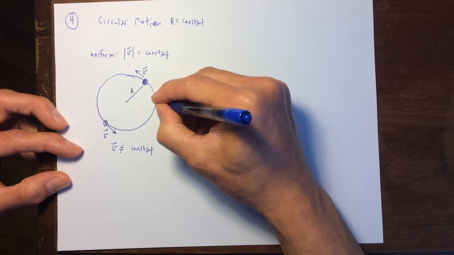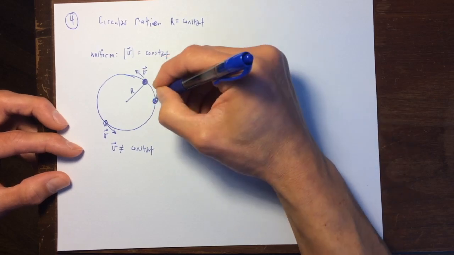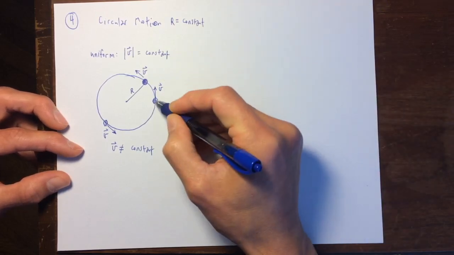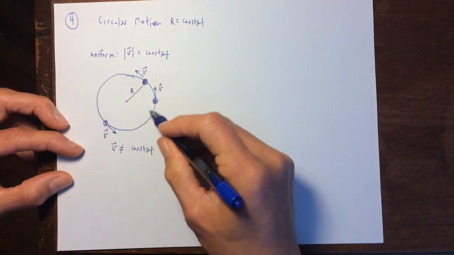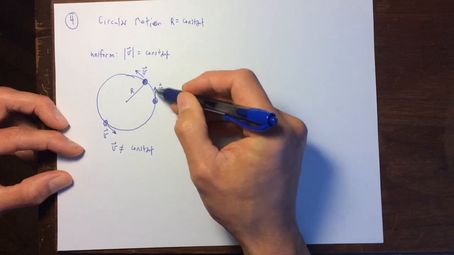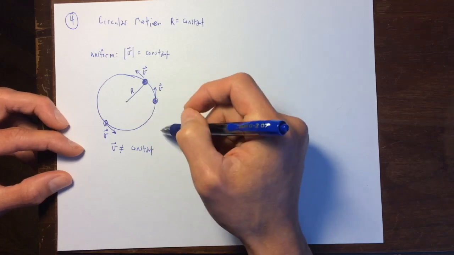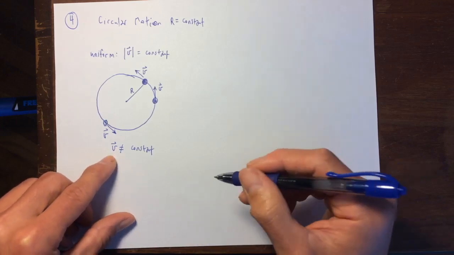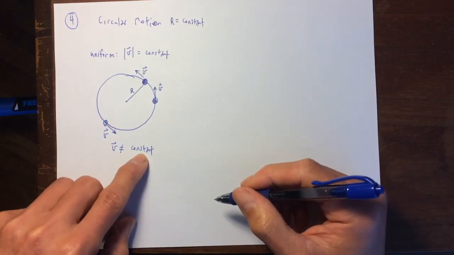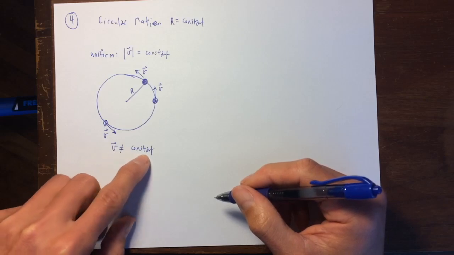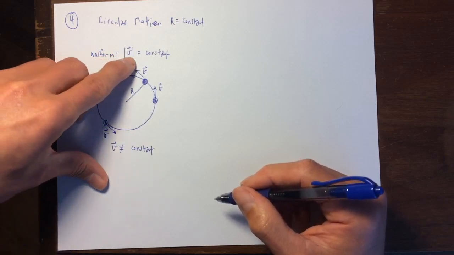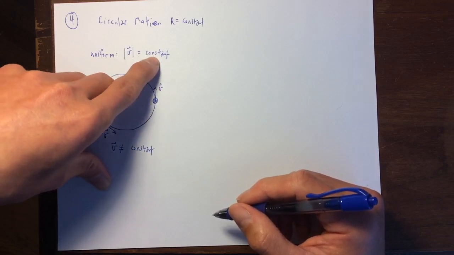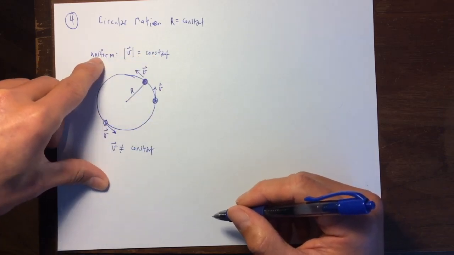Anywhere you check, the velocity is precisely tangential to the trajectory curve. The trajectory curve is this circle, and the velocity is tangential to it. In particular, the velocity vector is not constant, because the direction is always changing, but the magnitude of the velocity vector is constant. The speed is always the same for uniform circular motion.